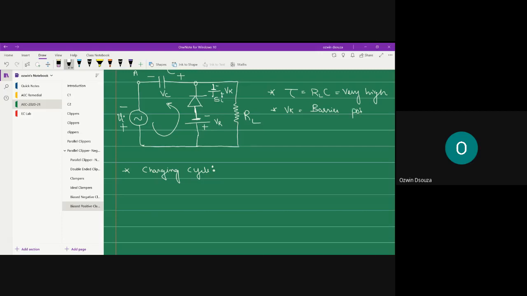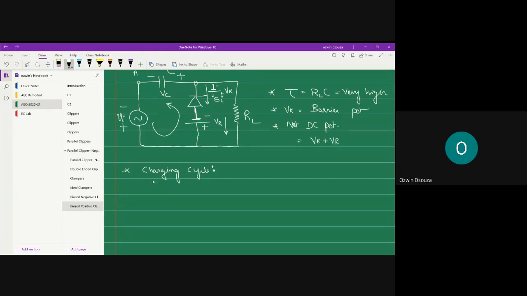Now, if you observe the connection sequence of Vk and Vr, you see that both Vk and Vr are trying to send the current in the same direction. So, net DC potential is equal to Vk plus Vr.